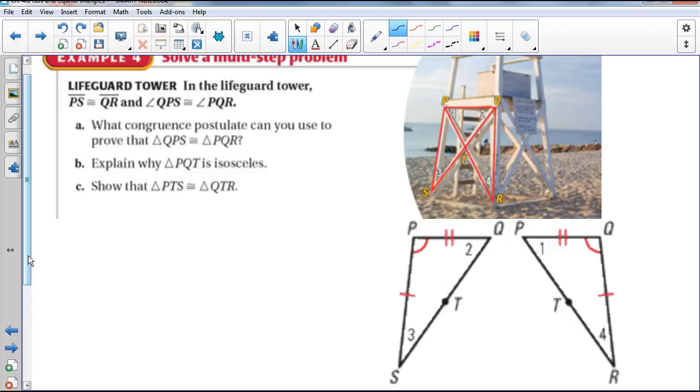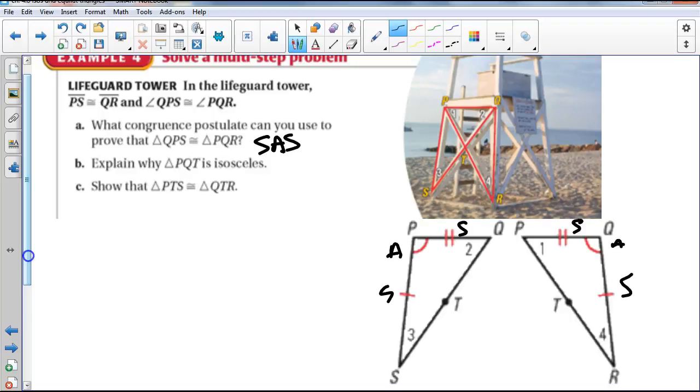So what we do is we take a look at our markings. So QPS. So we have a side, we have an angle, and we have another side over here. And these look like they are corresponding to the other triangle so that we know the triangles are congruent by side angle side.